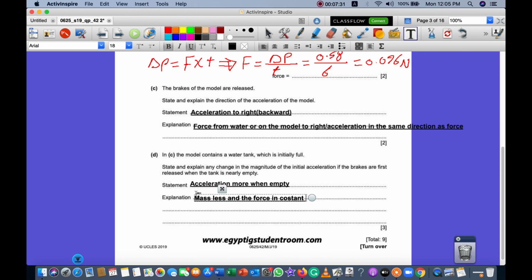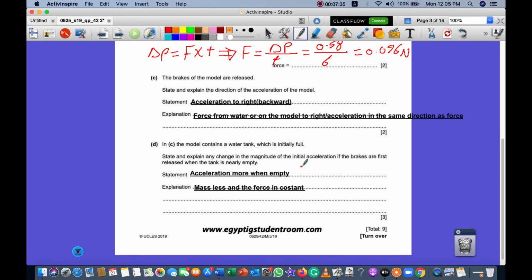And I want to add another thing here. If you remember the mathematical formula of Newton's second law, you know that F equals M times A. Force equals mass multiplied by acceleration. And as you see in this problem, the force is constant.